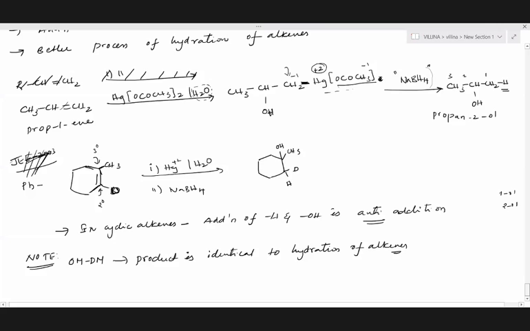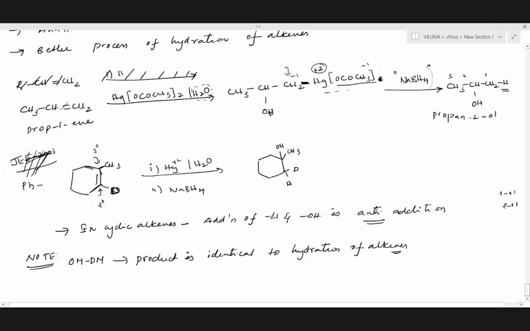So the first step is the oxymercuration part. The second step is the demercuration part. In the cyclic compounds, both the carbons are... Secondary only, no? They are not quaternary, right? How did you get quaternary? Please check. No, this is tertiary.